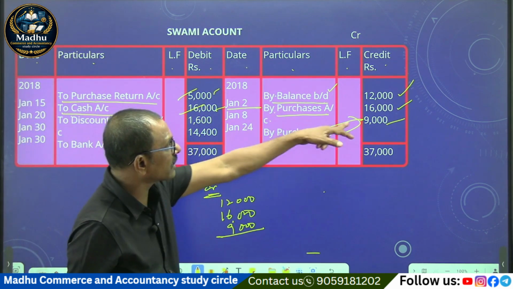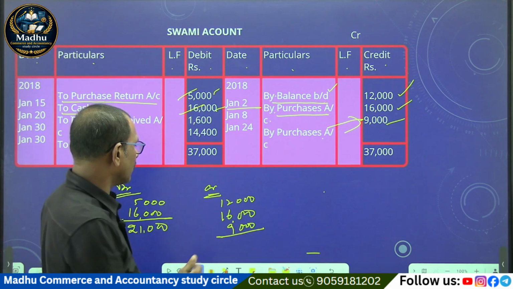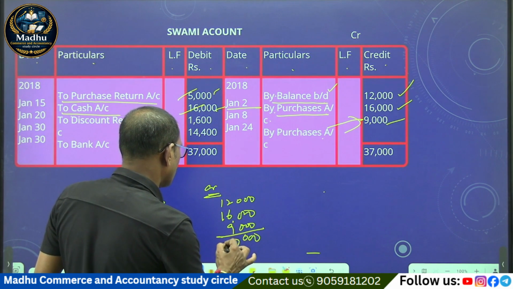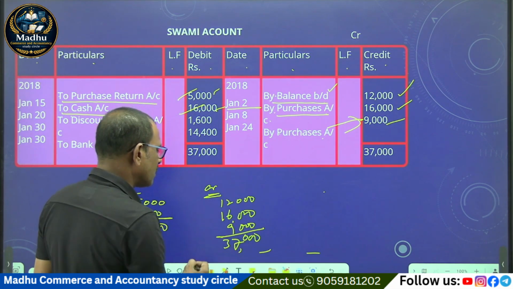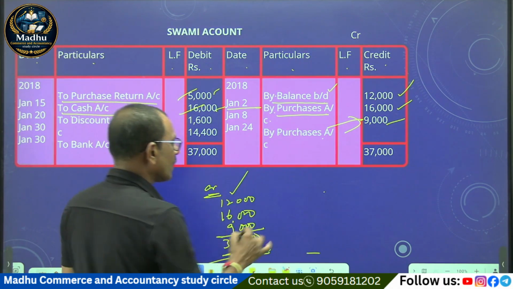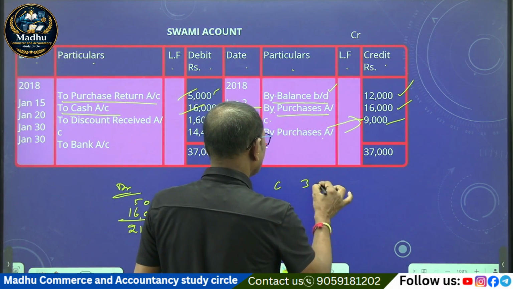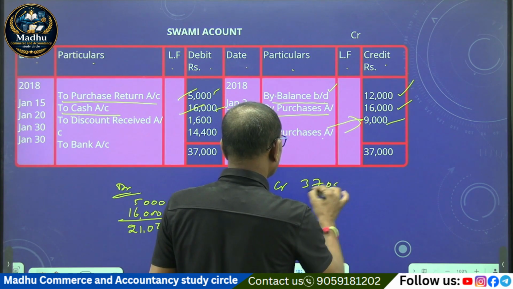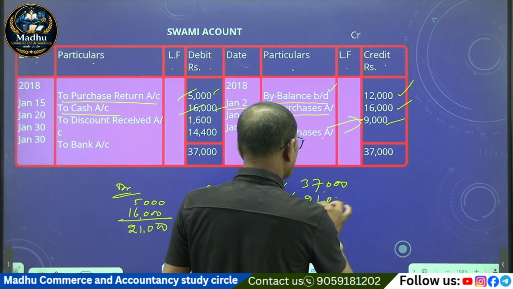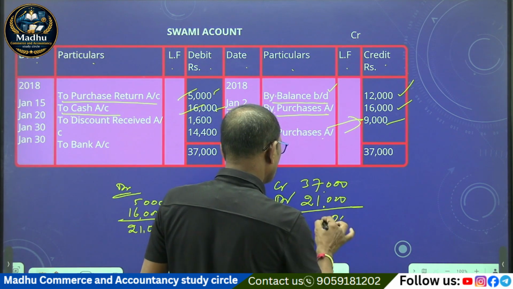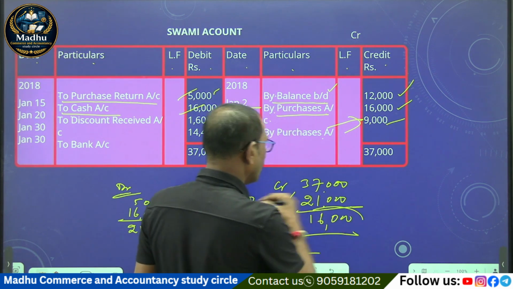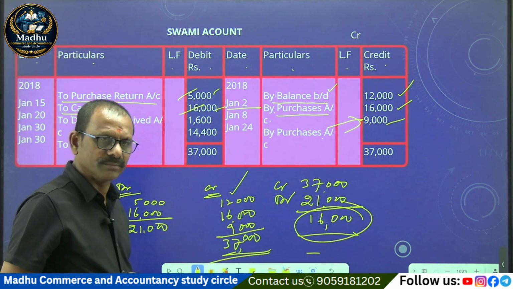And here 3 transactions recorded: 12,000, 16,000, 9,000. So total is how much here? 8 plus 9, 17, 37,000. Which is more? Credit is more. So credit side 37,000 and debit side is 21,000, and we subtract this amount. 16,000 is the balance due.